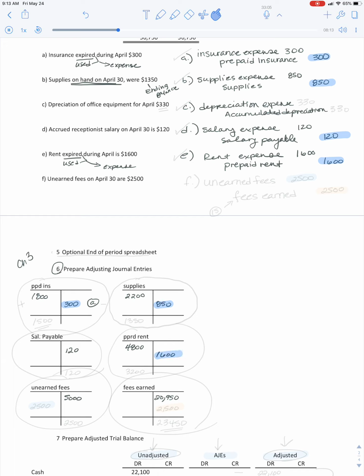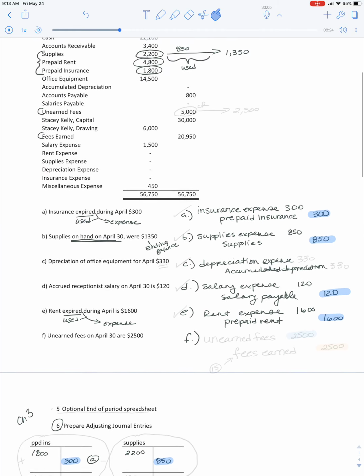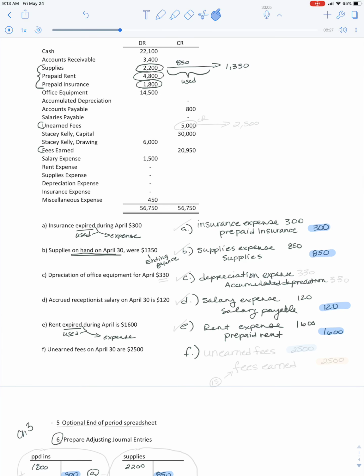Last one, unearned fees on April 30 were $2,500. So our current balance is 5, and this is saying it should be, or the ending balance is $2,500. So we're going to go ahead and remove out of this credit balance, so this is a credit, we're going to make it a debit to make it go down.